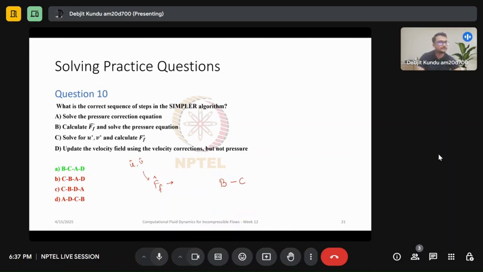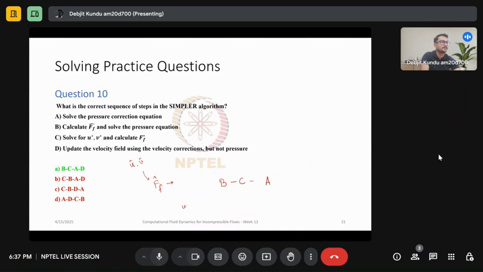Then once we have done that, we can solve the pressure correction equation, and using that we correct the velocities only.